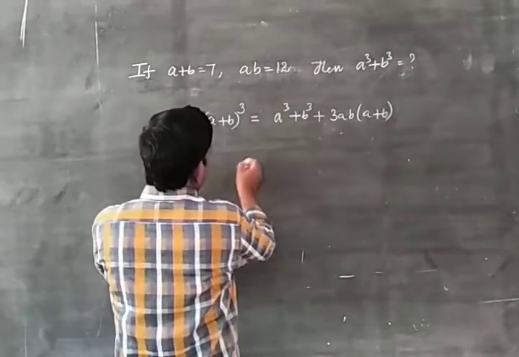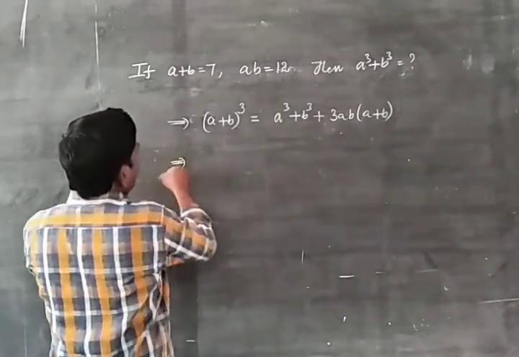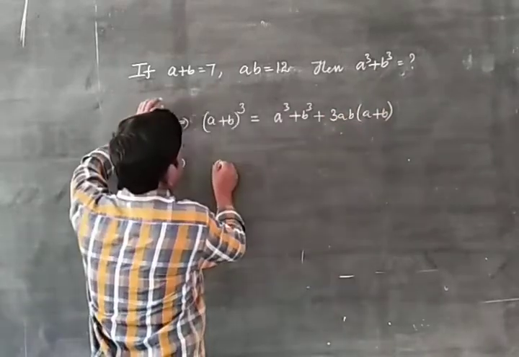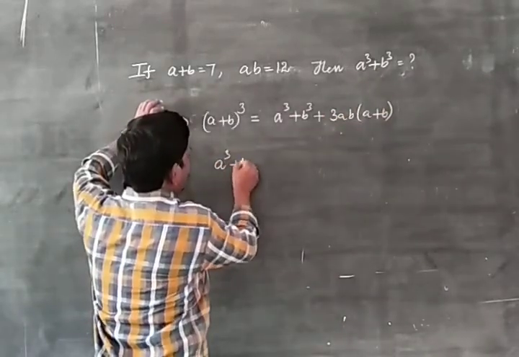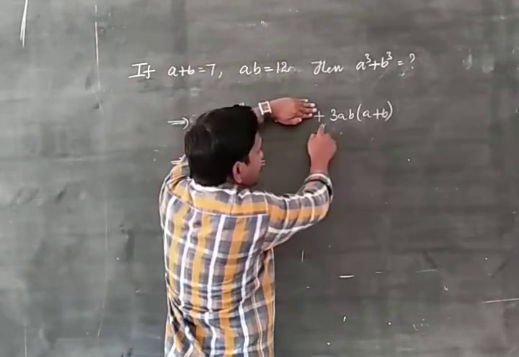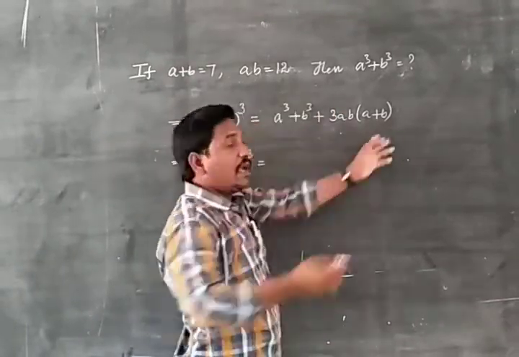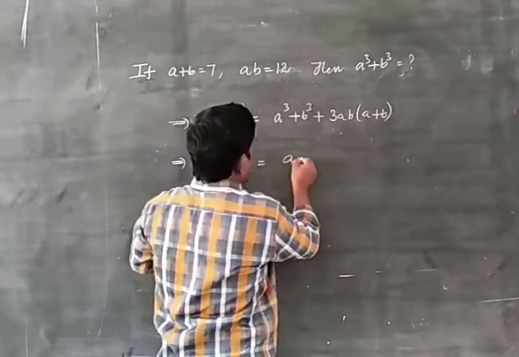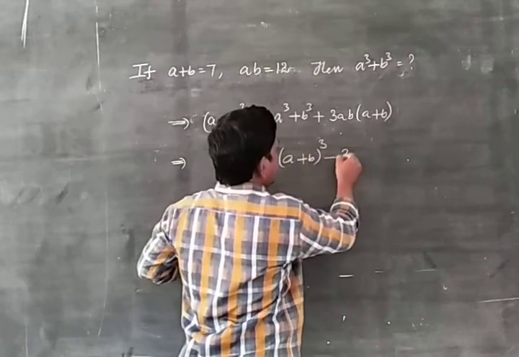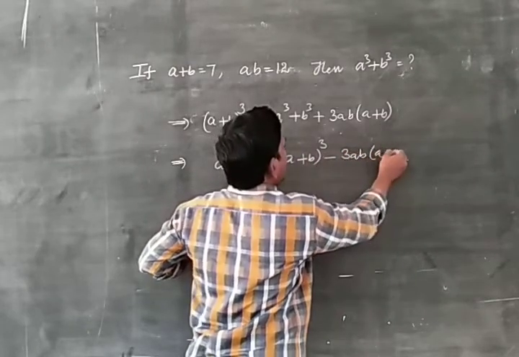Now, I need only what is asked here, a cube plus b cube. By transposition, I need only a cube plus b cube, I don't need plus 3ab into a plus b. So by the transposition, a cube plus b cube equals a plus b whole cube minus 3ab into a plus b.